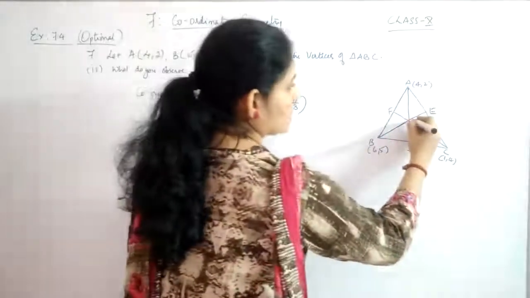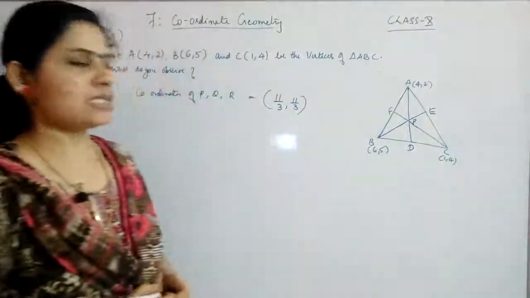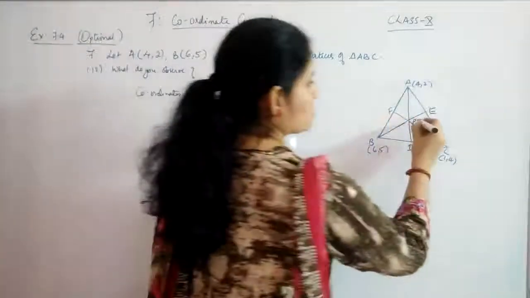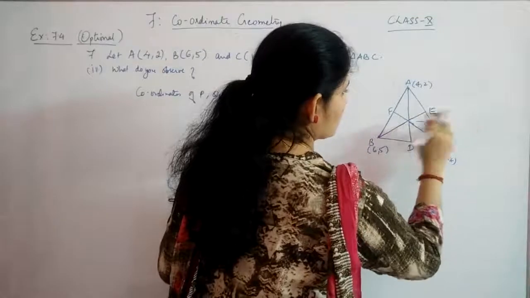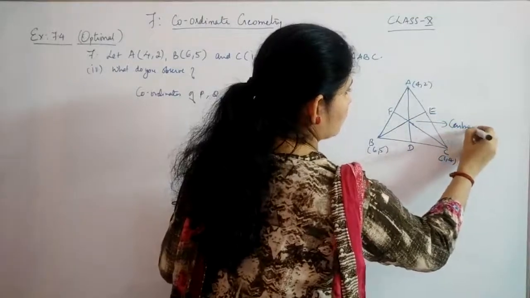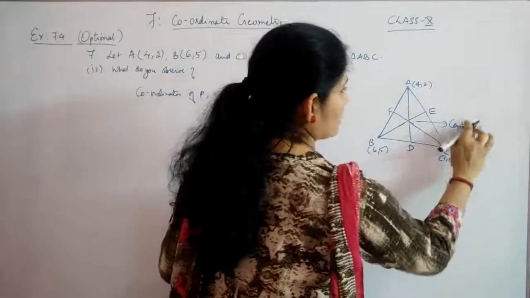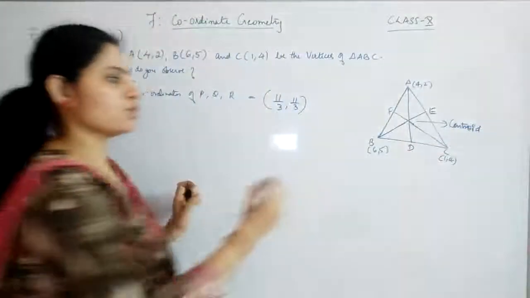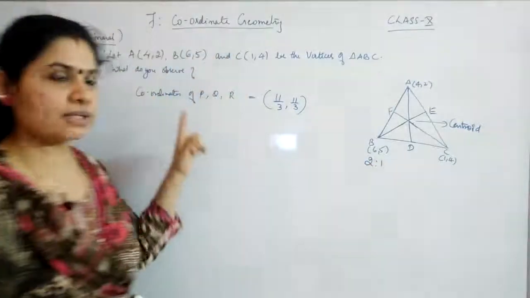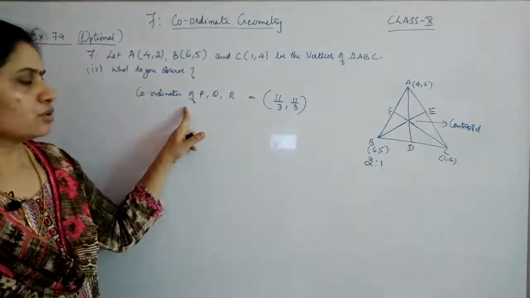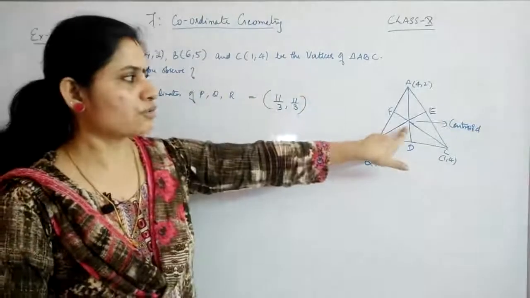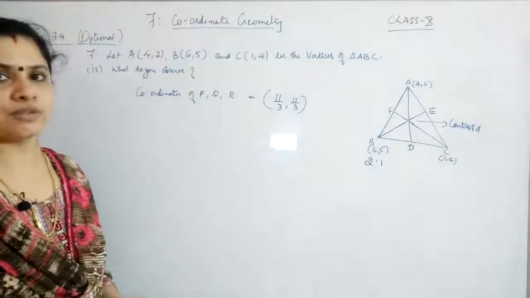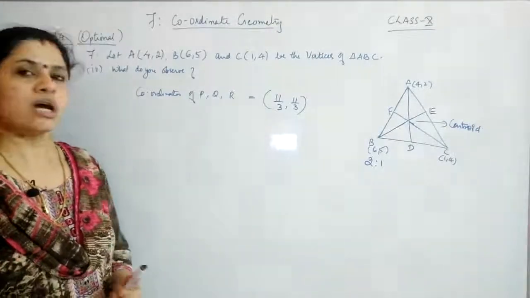Suppose this is P, this point is common to all the 3 medians, and this point which is common to all the 3 medians is called the centroid of the triangle. That is, the centroid will divide each median in the ratio 2:1, which we have already observed. Okay, so what we call the point through which all the medians are passing is known as centroid, and centroid divides each of the median in the ratio 2:1.